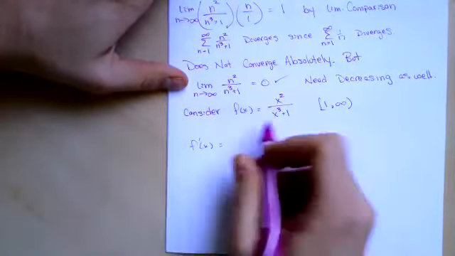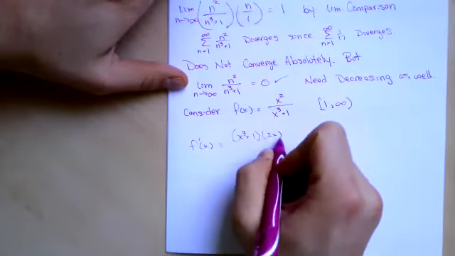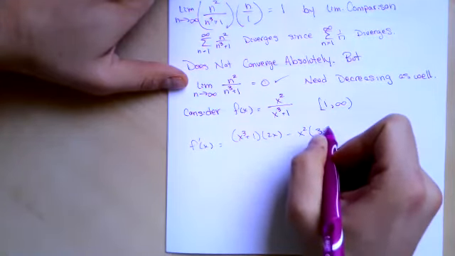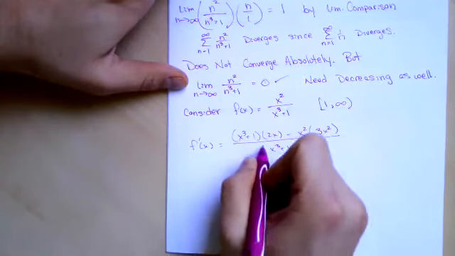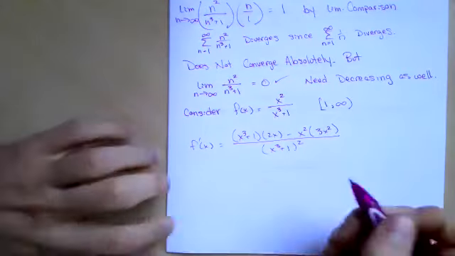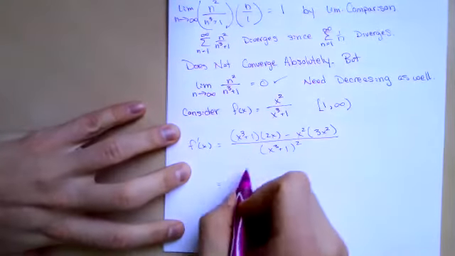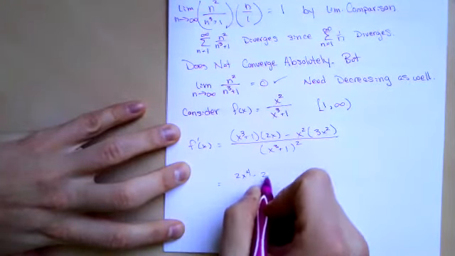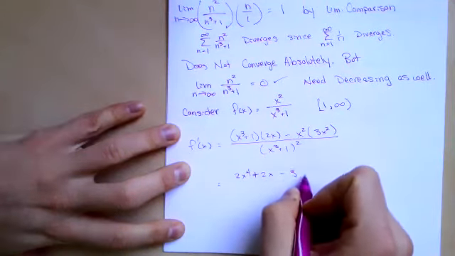So f prime of x is going to be bottom, derivative of the top, minus the top, derivative of the bottom, all over the bottom, squared. Keep the bottom squared. It's nice when things are factored. Let's just do the algebra in the numerator. We'll have 2x to the 4th plus 2x minus 3x to the 4th.